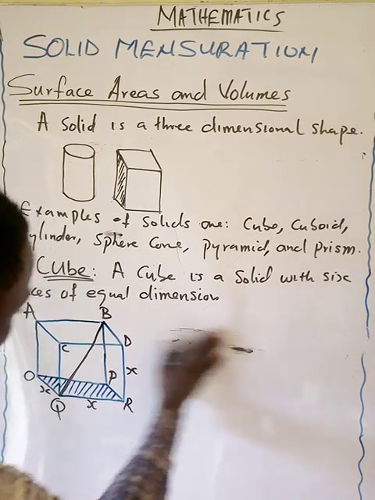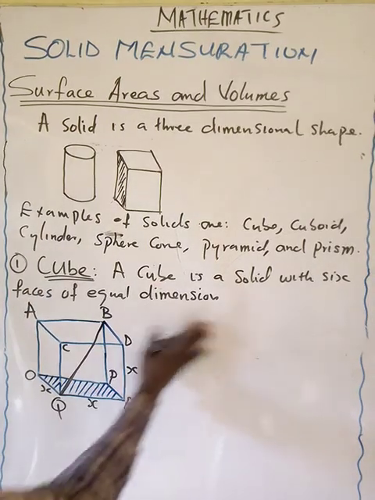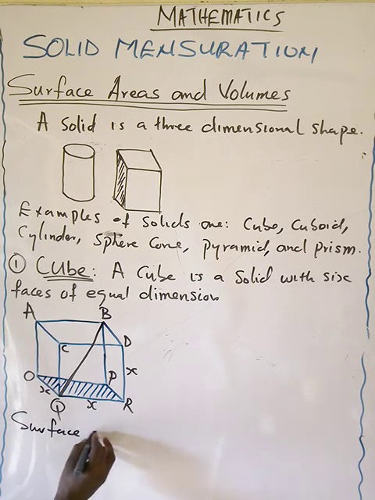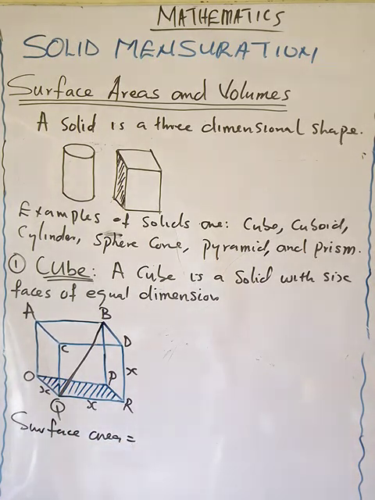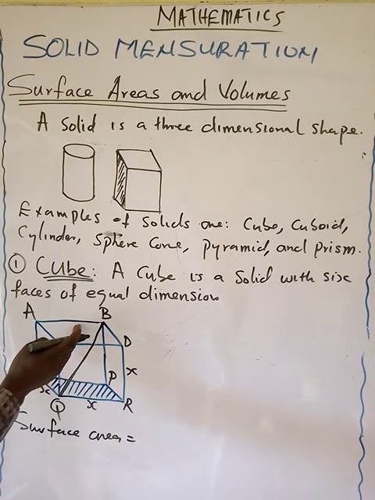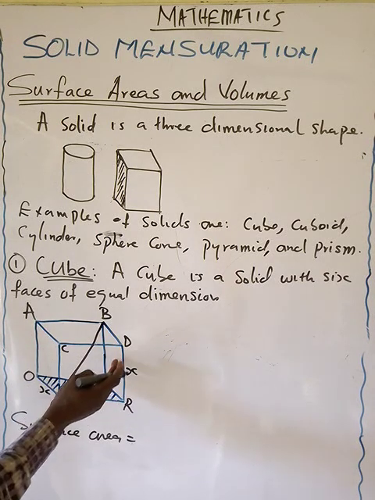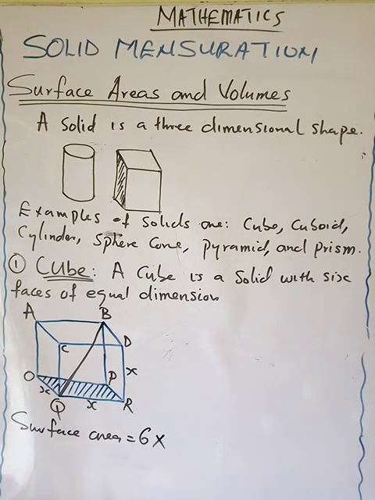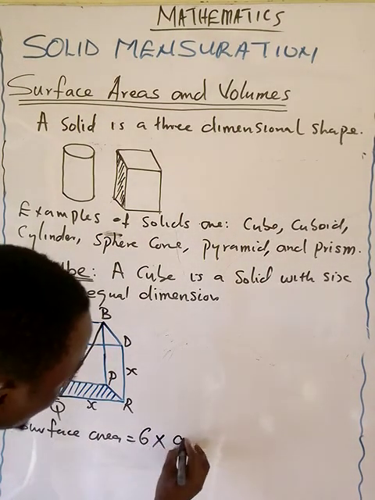Okay, let me write so that this place can contain it. Surface area equals, then let's calculate it. 1, 2, 3, 4, 5, 6. So we have 6 times the area of one face. I will demonstrate this.